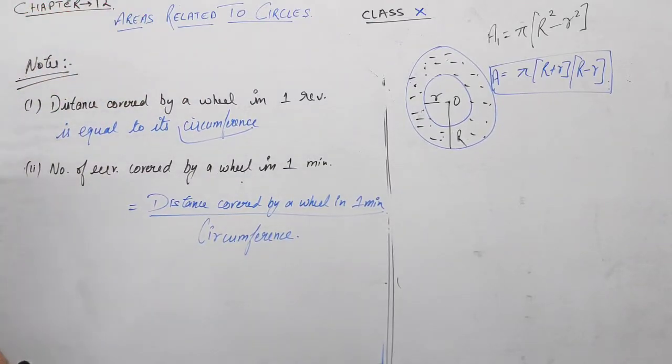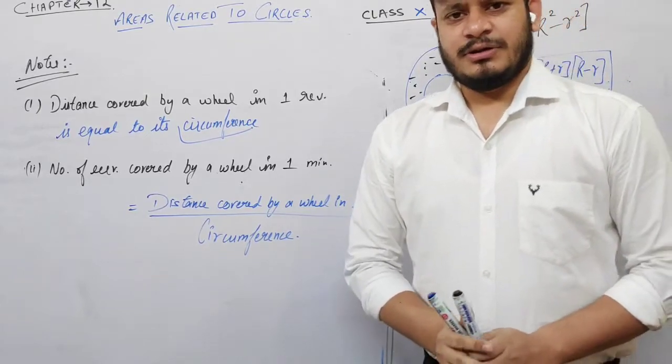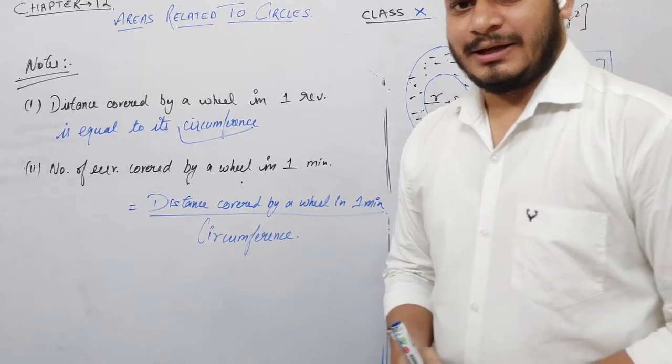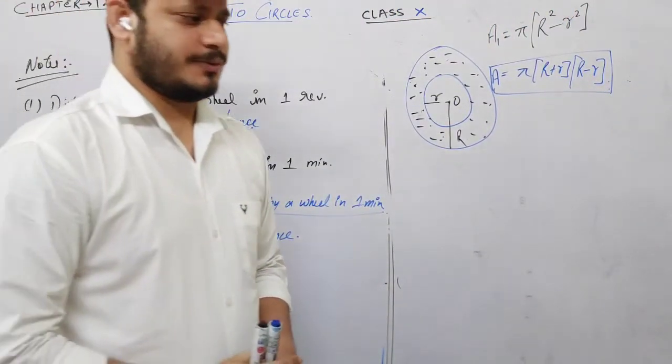This is the formula to find the number of revolutions in 1 minute, or in 1 hour, or whatever time is given in the question.